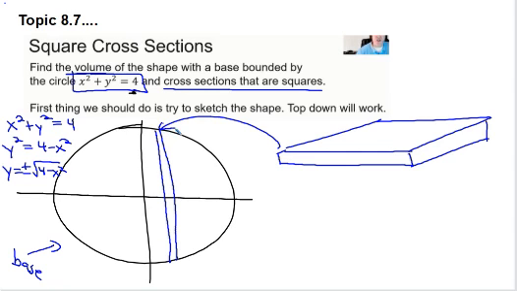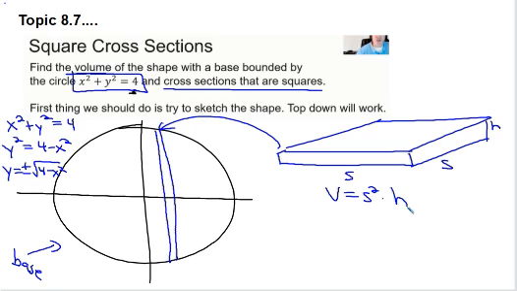All right? And if you think of the way that we find the volume of a Scrabble piece, it's length times width times height, but the sides are the same. So the volume is side squared times the height.